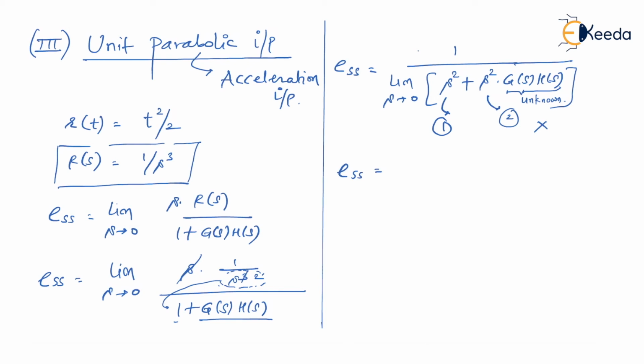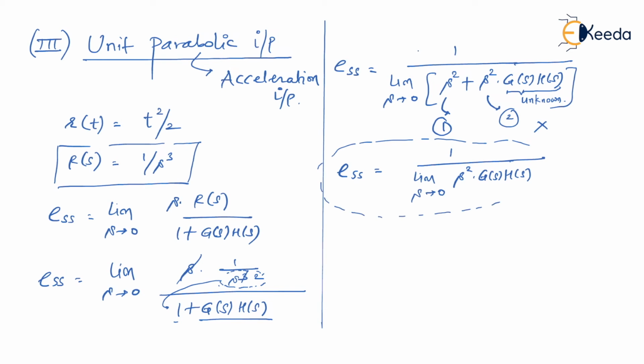So what is the final formula for ESS? It is simply 1 upon limit when s is approaching 0, s square times g of s into h of s. Am I right? So whatever formula we have now derived, again it is in general true for unity feedback system as well as non-unity feedback system.